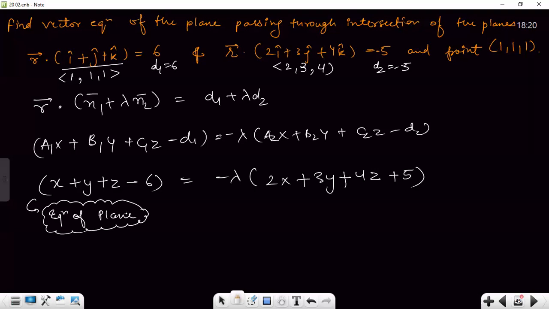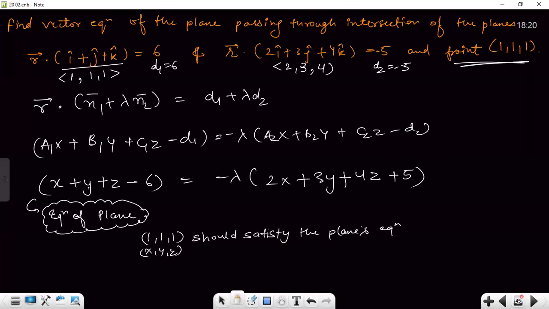So the given point that is there on the plane should also satisfy the plane's equation. So let's substitute it for x, y, and z.